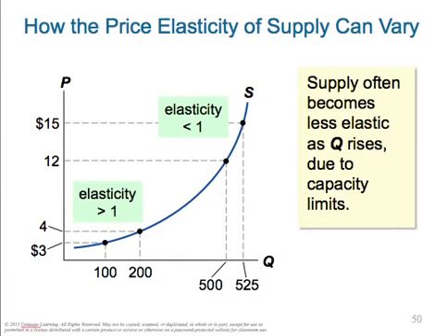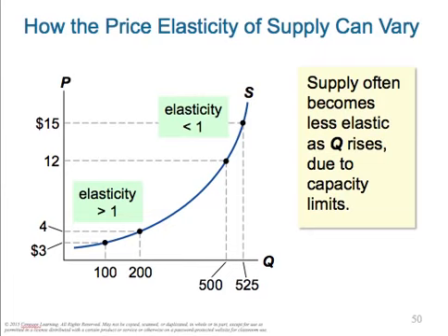When the price rises from 12 to 15, which is a 22% increase, the quantity rises from 500 to 525. That's about a 5% increase. So the price elasticity of supply is less than 1. So you can see there on the same relatively elastic supply curve, elasticity is going to change over the long run. Again, that's a great illustration of what I was talking about with a factory not able to expand. The way I like to explain this one is as follows.